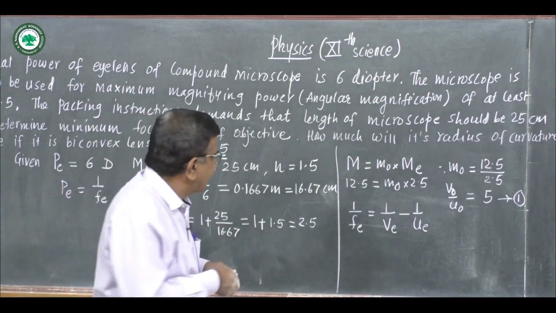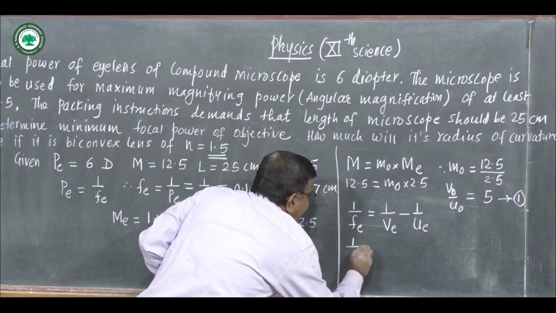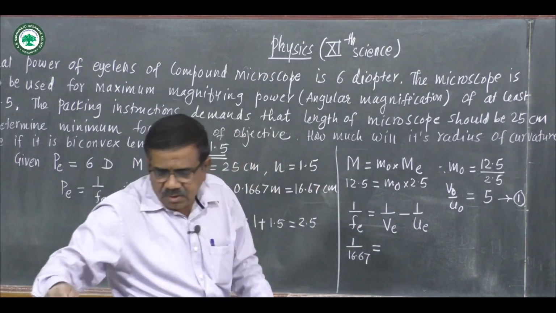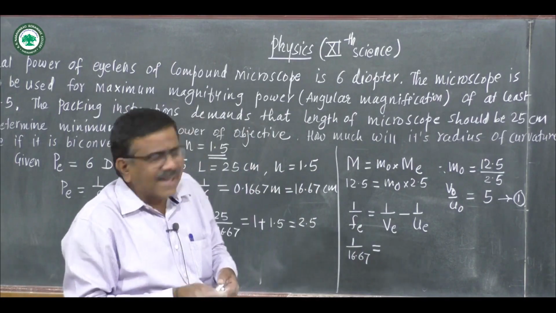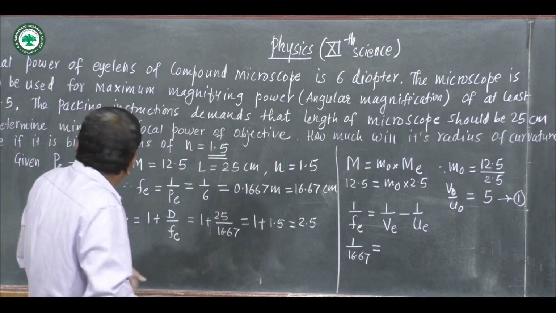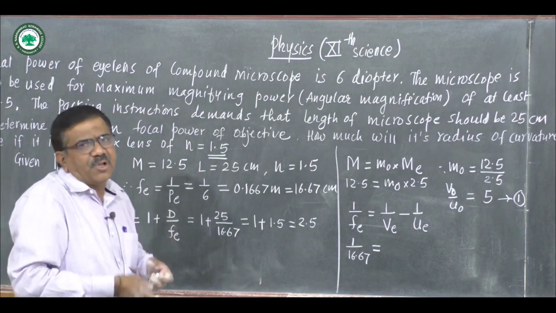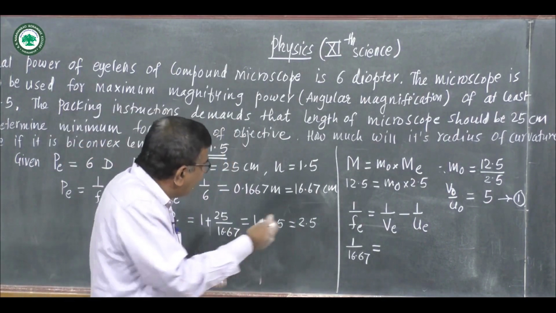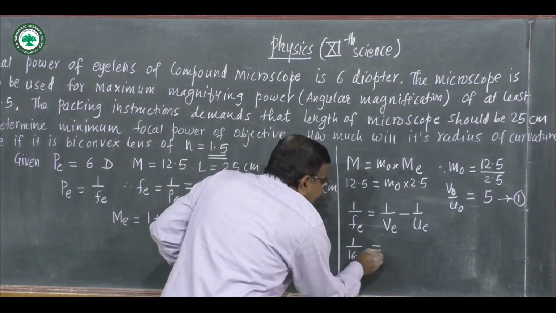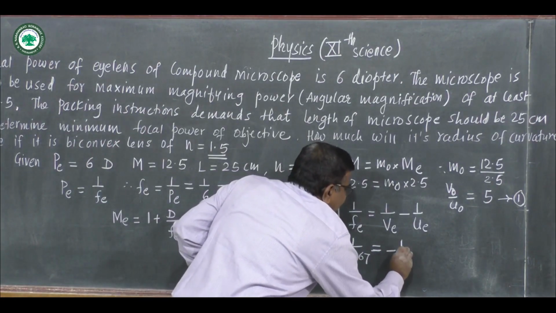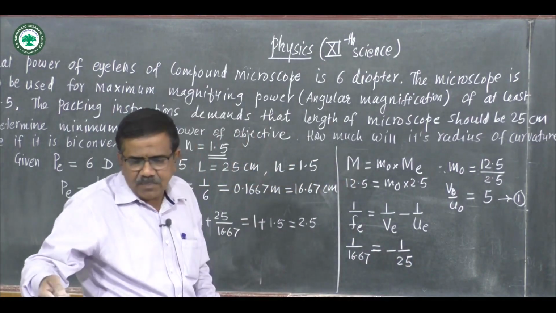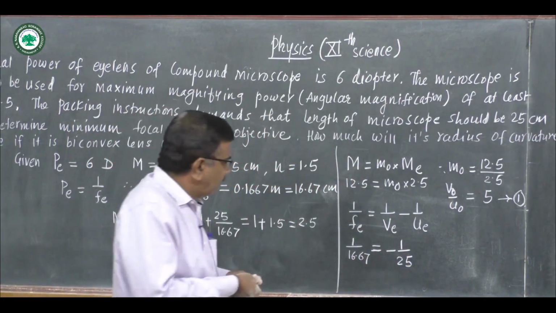So 1 upon 16.67 is equal to 1 upon V, for maximum magnifying power. V is 25 centimeter, but it is towards the left side, so it is minus 1 upon 25, minus 1 upon UE.